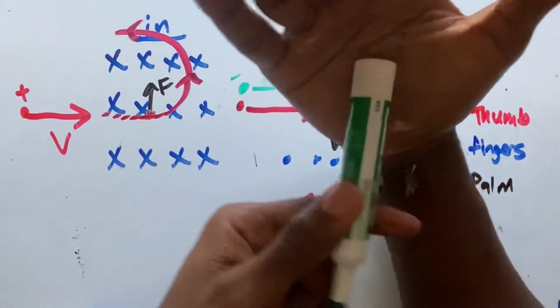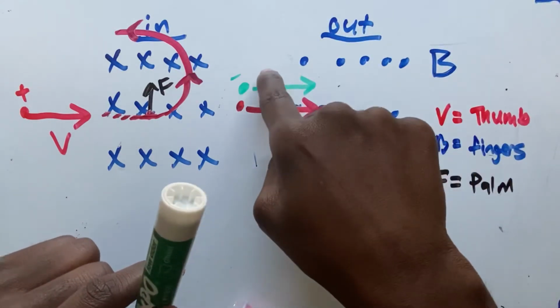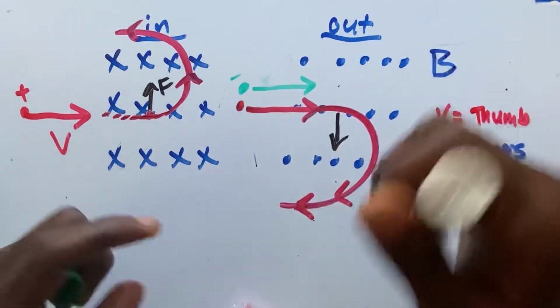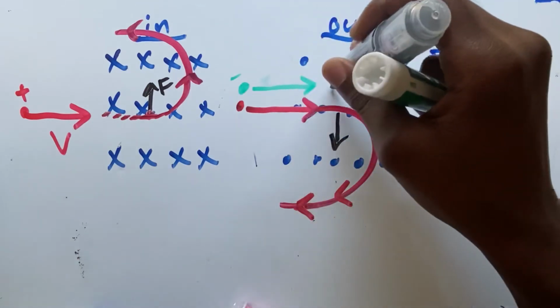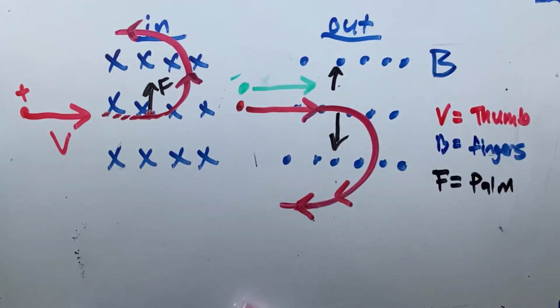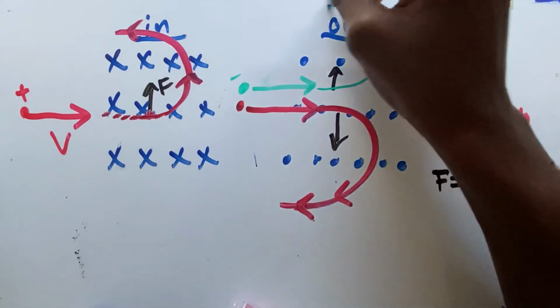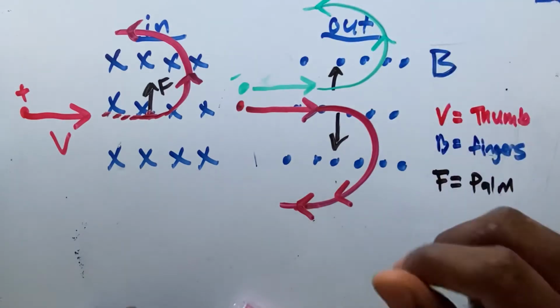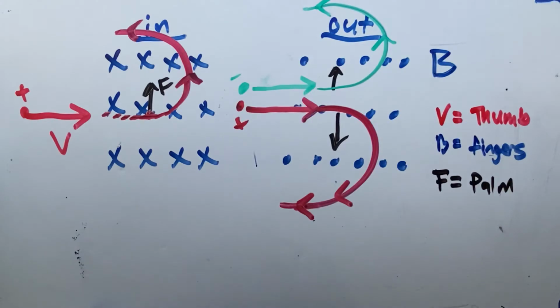But instead of the force being downwards like before, since this is a negative charge, the force is going to be opposite, pushing it upwards. So this negative charge is going to feel a force upwards, and so a negative charge is going to circle around this way.